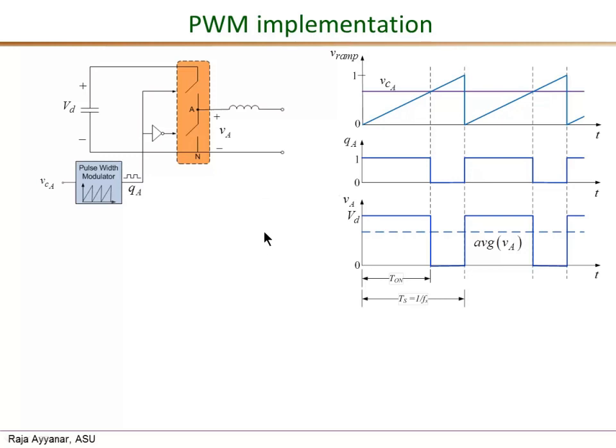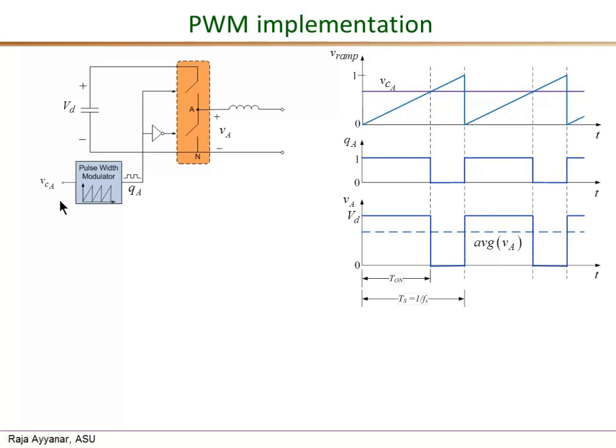Okay, next let's look at a typical way the pulse width modulation is actually implemented. The feedback controller gives this control signal VCA based on the given objectives and the current operating conditions.